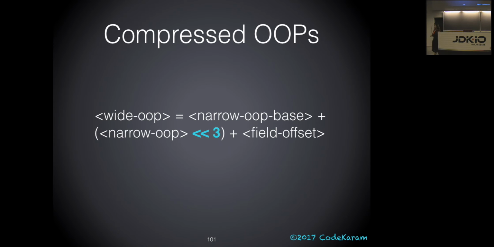The way the optimization works is basically this much. So a wide OOP is nothing but your 32 gig of address space. This is for reading. When you're reading, it's called a wide OOP. And then the narrow OOP is your compressed reference, right?